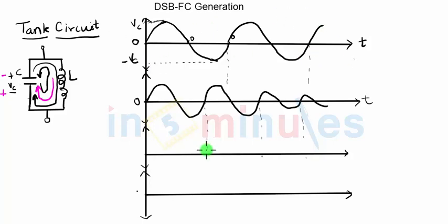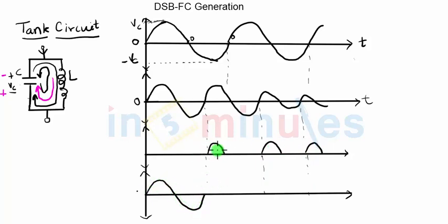To do that, in every cycle we will apply external current pulses of constant amplitude. So if I apply external current pulses of constant amplitude to the tank circuit, let us see what my response is going to be. Initially, I will generate the first cycle.